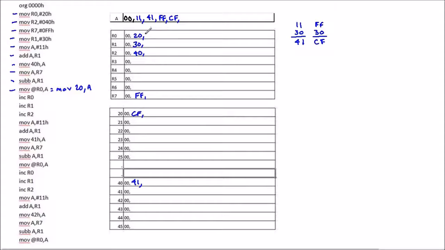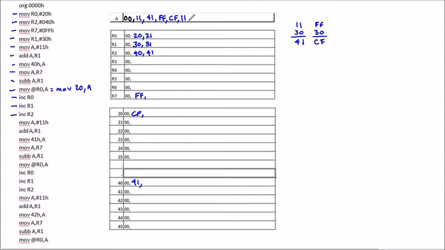We're going to increment R0, so my R0 is going to become 21. We're going to increment R1, so my R1 becomes 31. We're going to increment R2, so my R2 becomes 41. We're going to take the literal value 11 and move that into the accumulator.